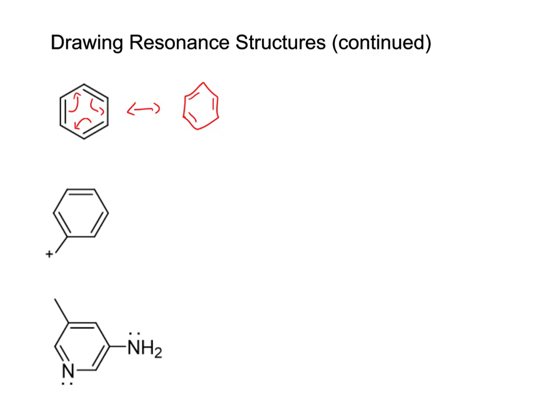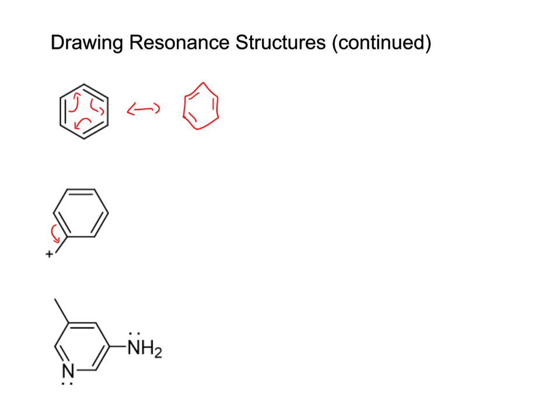With the next structure, once again, every single carbon in the molecule is sp2 hybridized, which means we have p orbitals on every single carbon. So we can draw multiple different resonance structures to show the movement of the electrons. We're going to start at one of the double bonds, and we are going to draw an arrow towards this bond here.